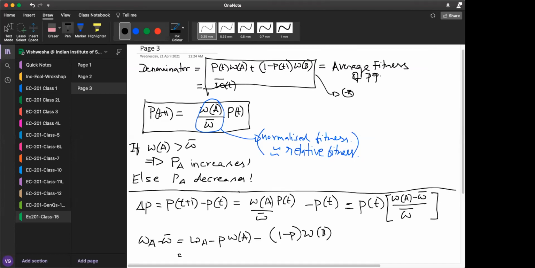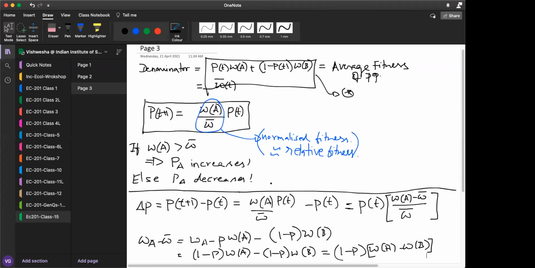So in the first term, let us take omega as a common factor. So what we have now is 1 minus P into omega A minus 1 minus P into omega B. Now 1 minus P is a common factor, so we can write that as 1 minus P into omega A minus omega B. Is everyone with me so far?